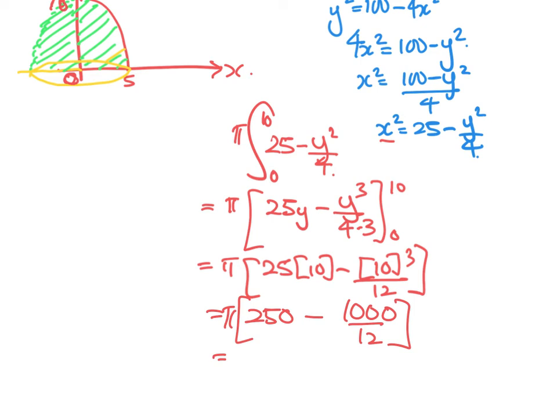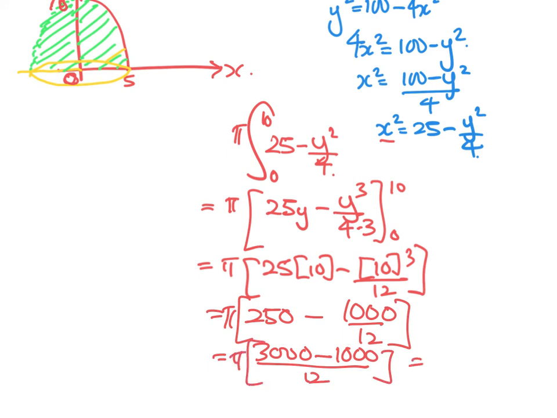The answer is 3000. So 3000 minus 1000 over 12, and then pi.